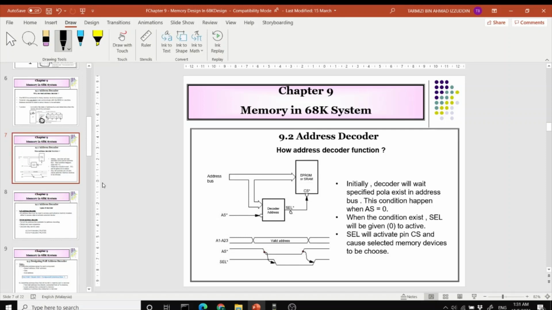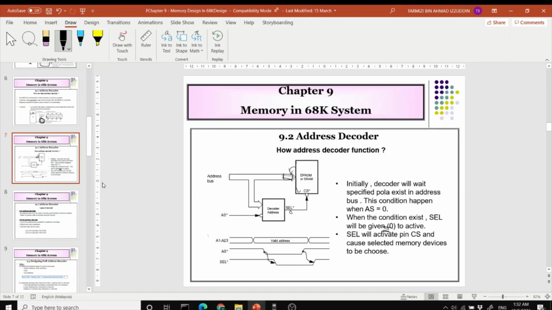Remember, we put it to 0 to activate the device that is currently talking to the 68K. In this example, if it is put to 0, the EEPROM or RAM will listen to the address bus.